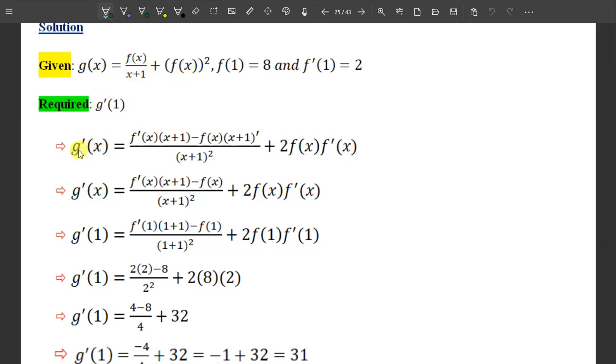It becomes g prime of x is equal to, now here, as you can see, this is a fraction, then apply the quotient rule here, and also to the derivative of f of x the whole square, apply the chain rule.